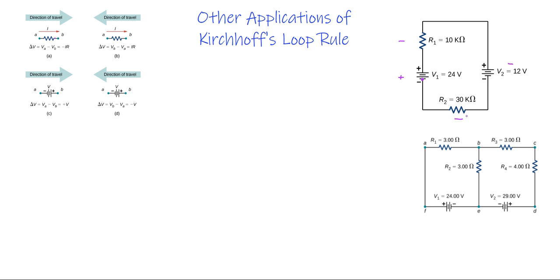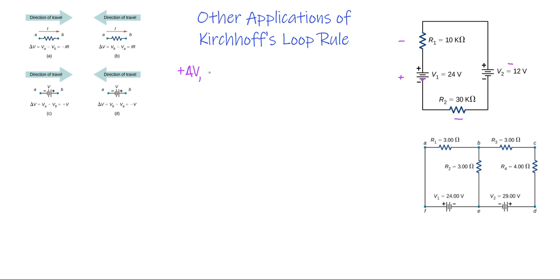Another way I could track this would be to do the following. Let's write out a Kirchhoff statement for this loop. Over here I'm going to start with a positive increase, so this is going to be delta V1.